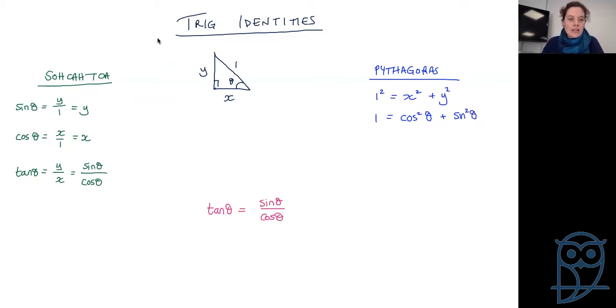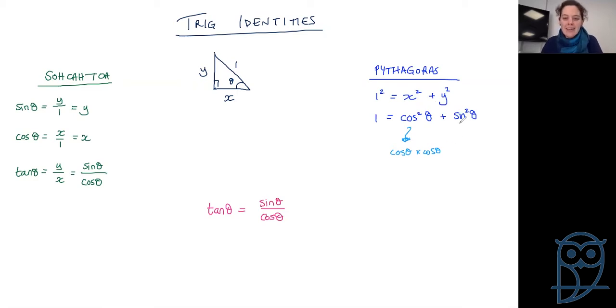Just a little note: cos squared theta is cos theta times cos theta, but we write it with the squared on the cos so that we don't get confused with what's going on with the angle. Whenever you see cos squared, it means cos theta times cos theta. If you see sine squared, it means sine theta times sine theta.